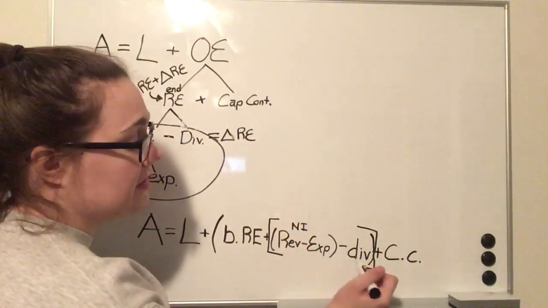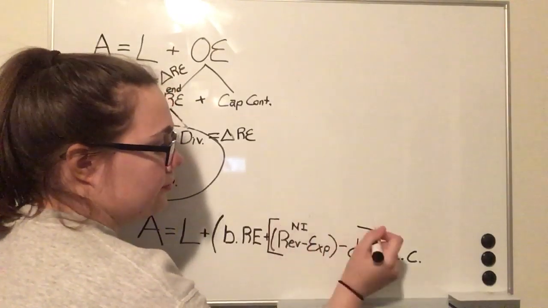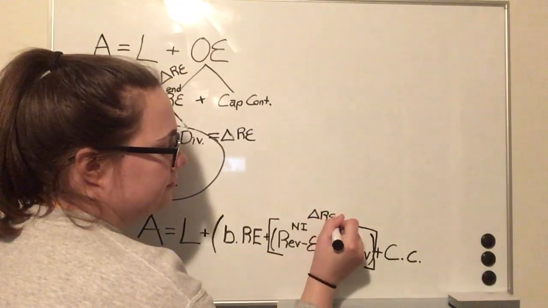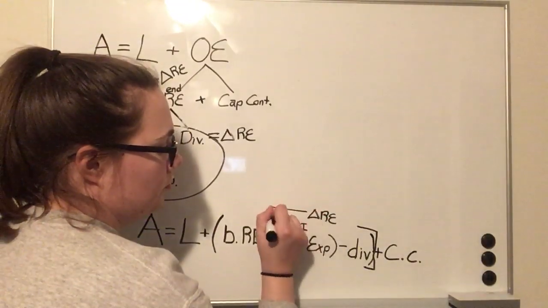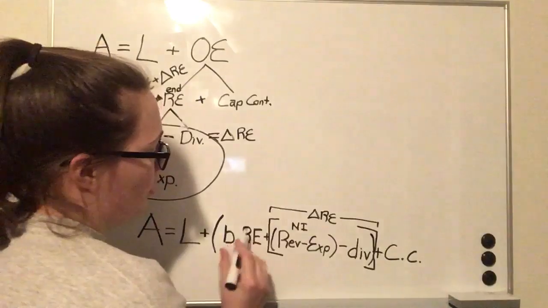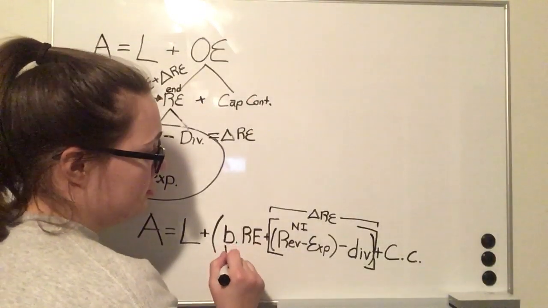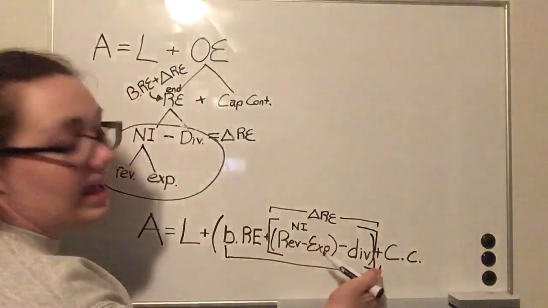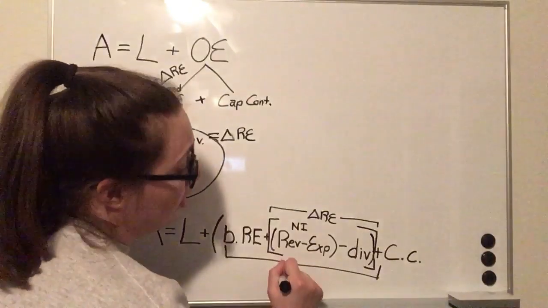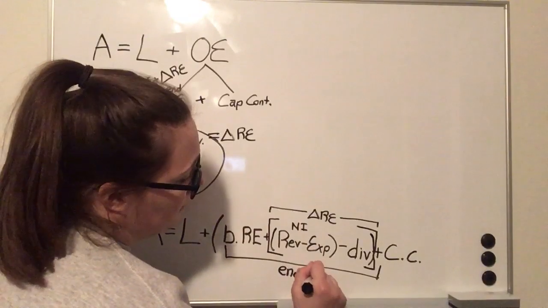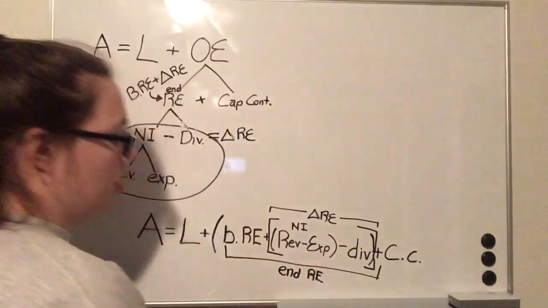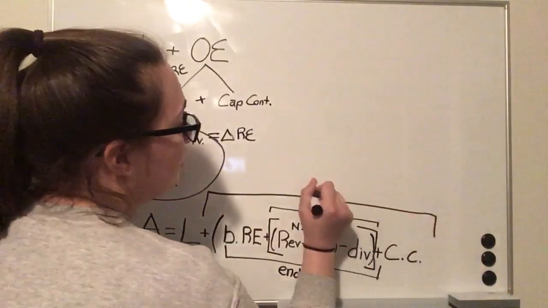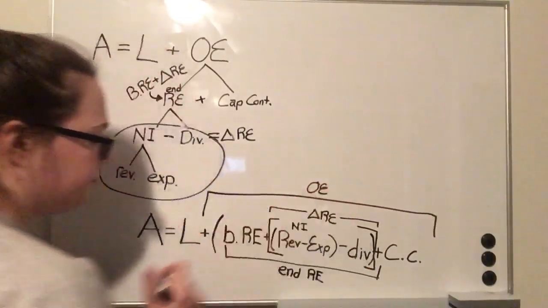Revenue minus expenses minus your dividends. This bracket here, that's your change in RE. And then your beginning retained earnings to here, the end of your change. That's going to be your ending retained earnings. And then finally, everything here, that's your owner's equity.